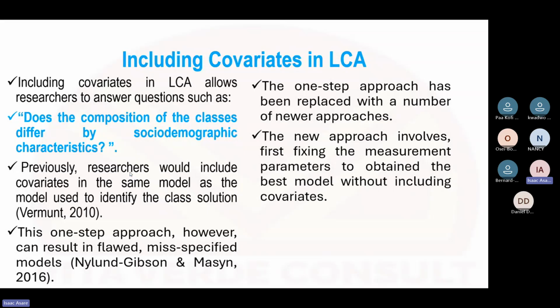It is very, very important. The one-step approach has been replaced. We are no more looking at it as researchers previously used to do, putting everything together and then estimating, but rather we fit them one after the other. It is very, very important to do that.